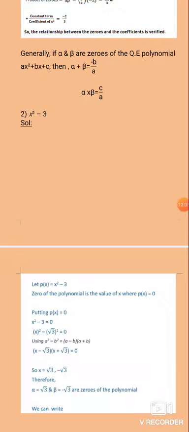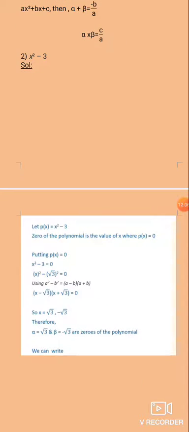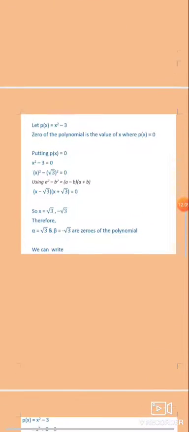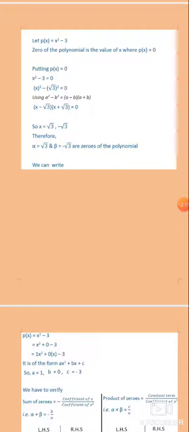Therefore the zeros are plus root 3 and minus root 3. Now we need to verify it. So first, the sum. In this relation, x square minus 3 has only two terms, so we can write it in the standard form, x square plus 0x minus 3, or 1x square plus 0x minus 3.